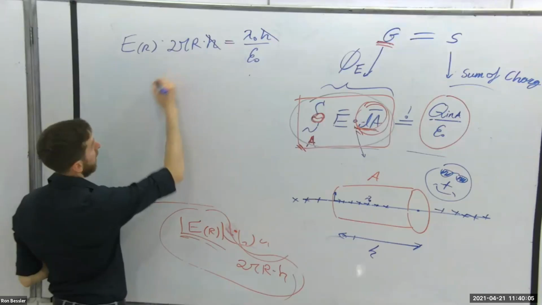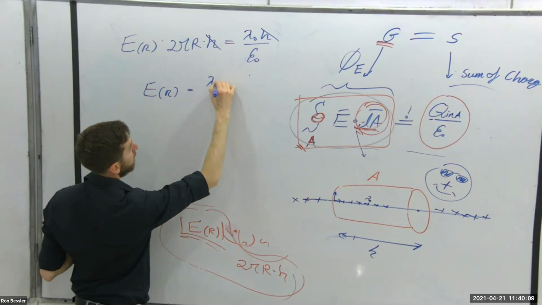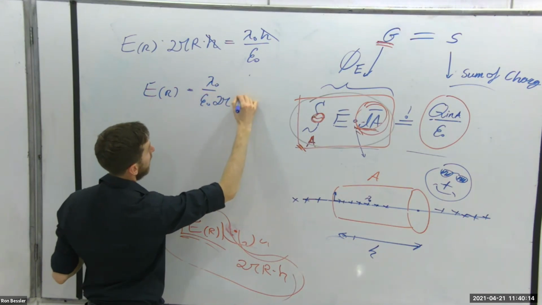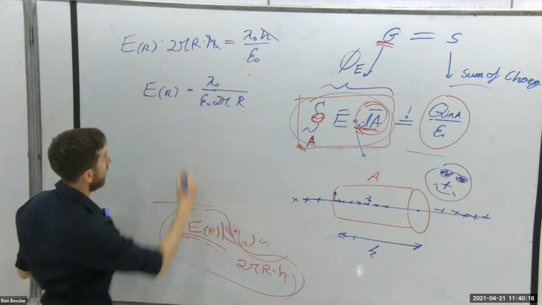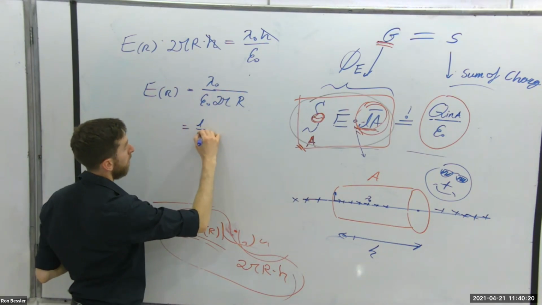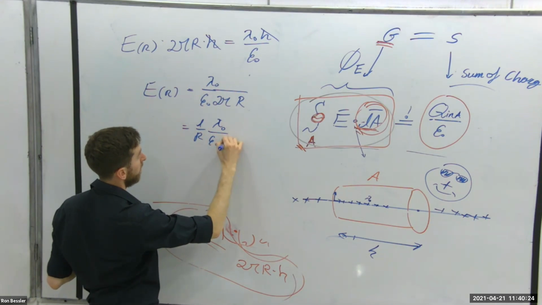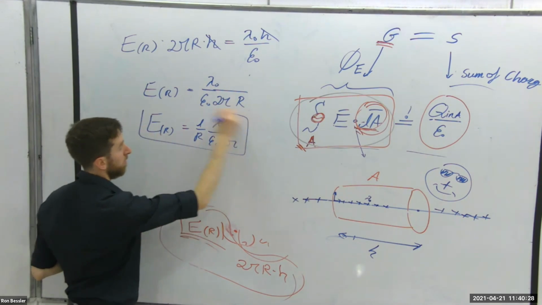This is your freedom in imagining things relevant to the question. And so E of R equals lambda 0 over epsilon 0 times 2 pi R, right? I divided by this thing. So 1 over R, lambda 0 over 2 pi epsilon 0. This is the final result.